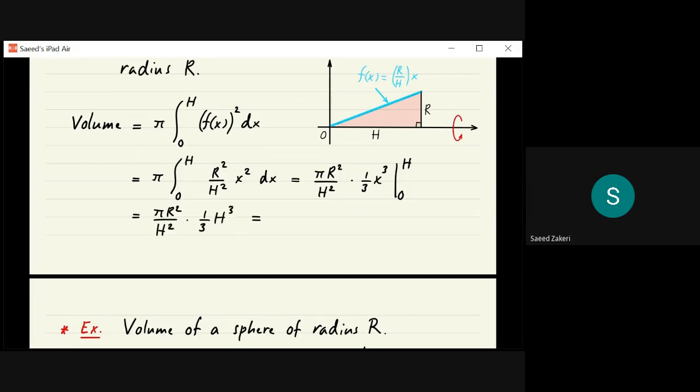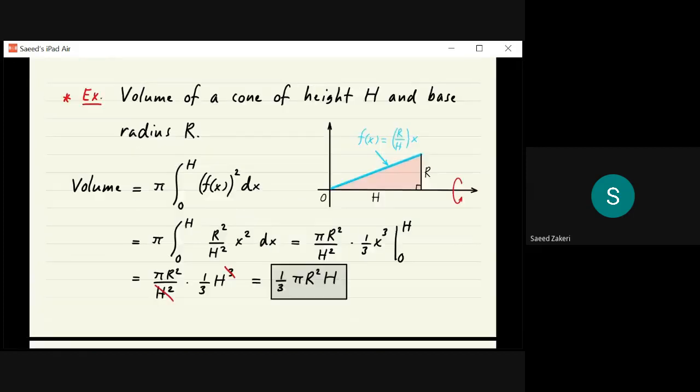And h cubed and h squared simplify, leaving an h on top. So I can write this as 1/3 of pi r squared times h, which resembles the formula for the volume of the pyramid that we obtained.